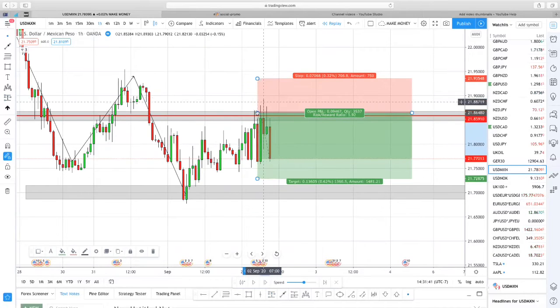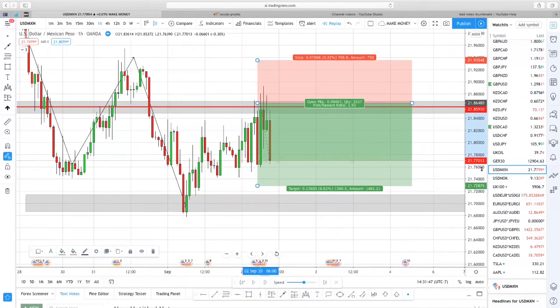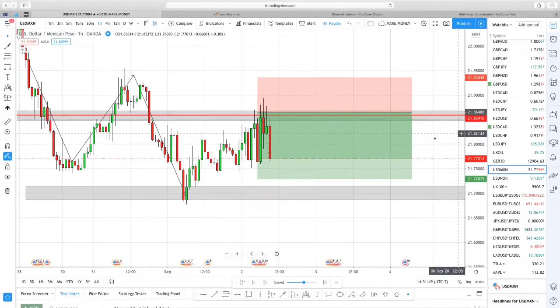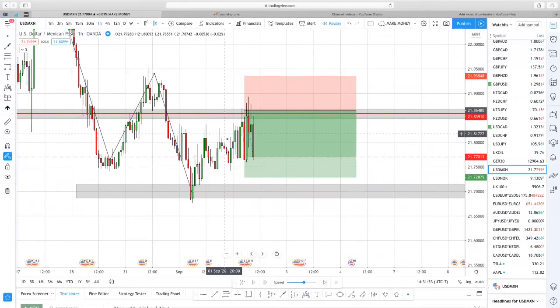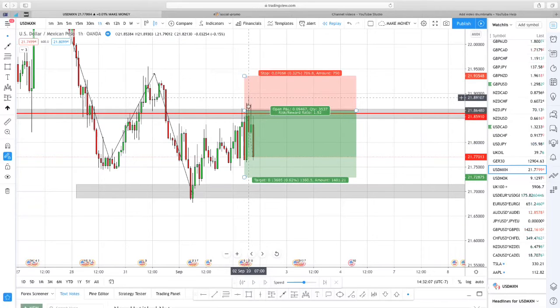So even with all this wicking that occurred, you were still in a really good position as far as the amount of pips you were away from your stop loss. So you've been in the sell limit, you were coming up, coming down, coming up, coming down. You've been activated in the trade since before this first wick. So you were in profit pretty much the whole time, besides when these wicks were being created up here.